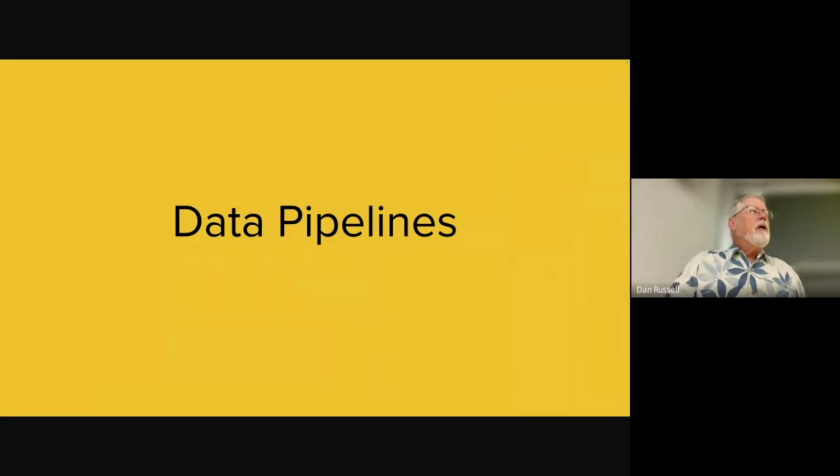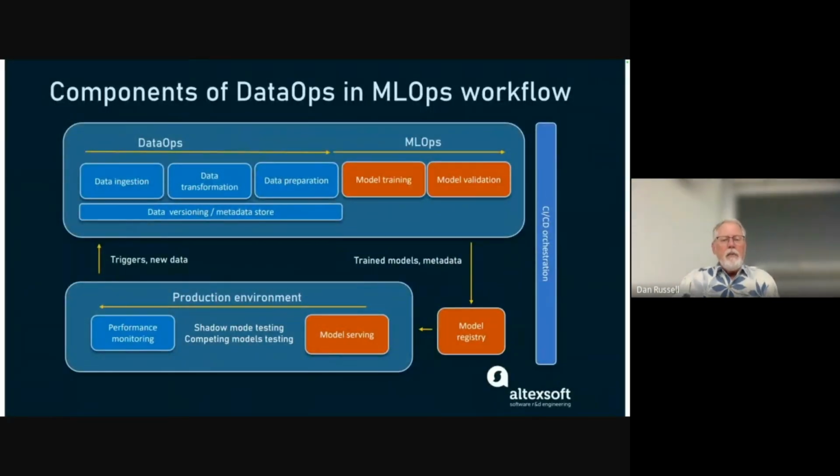Now, when we build models, there's always a data pipeline. You may not think about it, but there's always a pipeline. There are lots of different pieces of the machine learning operations workflow. So we collect data, we ingest it, we transform it, we prepare it, we train the model. There are all these different steps.